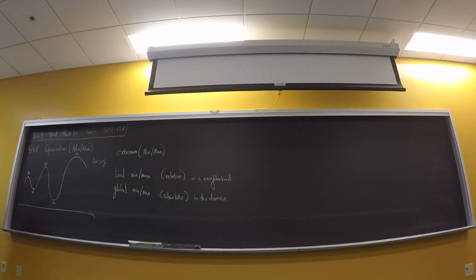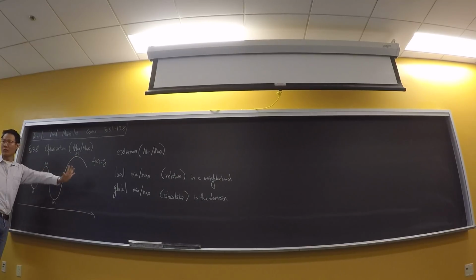Okay, for instance, if I'm trying to find the global maximum, the natural candidates are the local maximum, right? So if I'm trying to find the global maximum, it's naturally coming from the local maximum. Because if it is not even a local maximum, there's no way it can be a global, right? So if I need to find a global maximum, I don't need to look at all the points on the whole domain.